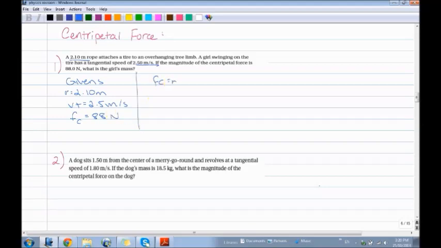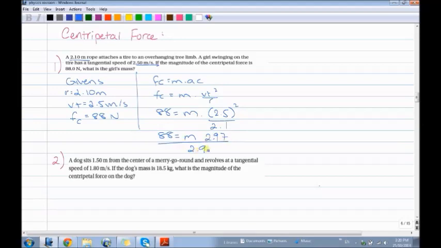Now, Fc equals m times AC. Now, remember that we said that the AC is Vt squared over the R. Now, the Fc is given, which is 88, and we don't know the mass, we need to find it. Now, 2.5 squared over the 2.1 is going to be 2.97.